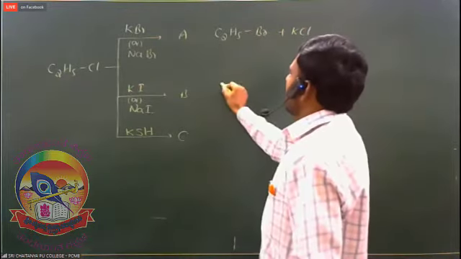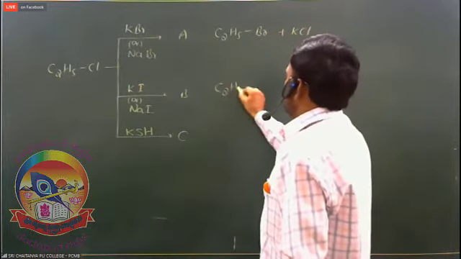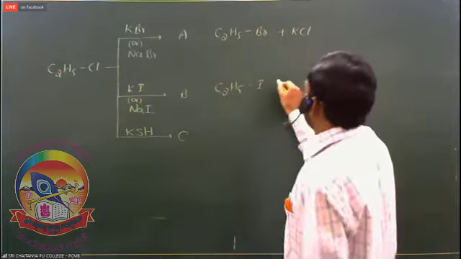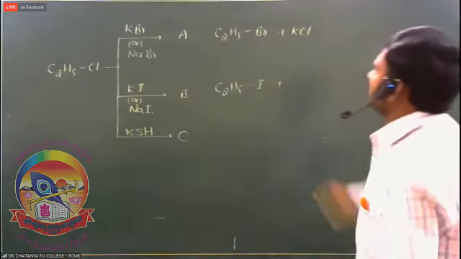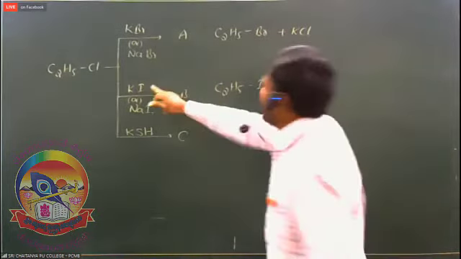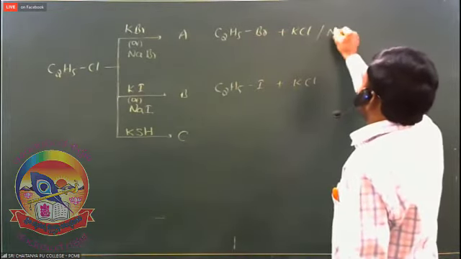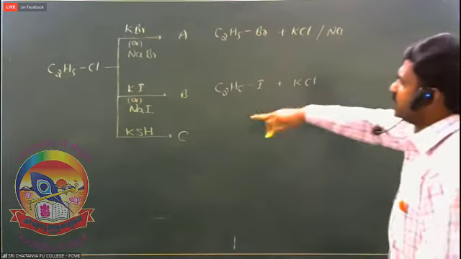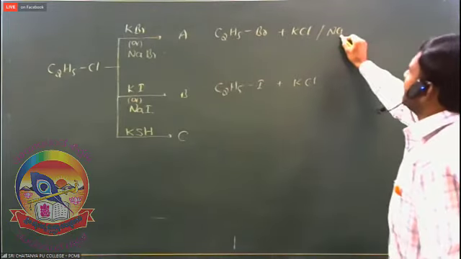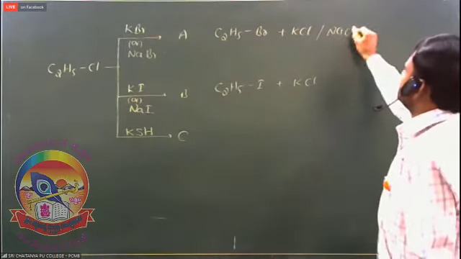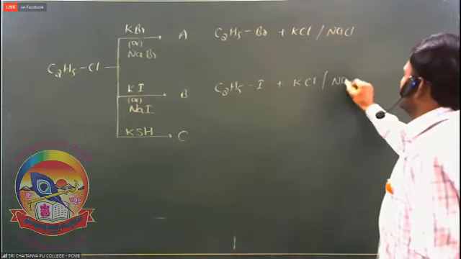If you use KI, ethyl chloride is converted to ethyl iodide, C2H5I, and KCl is the byproduct. If you use sodium bromide or sodium iodide, the byproduct is NaCl.